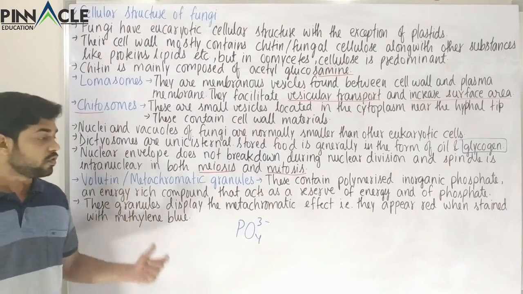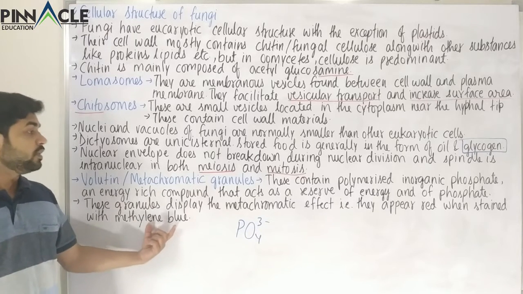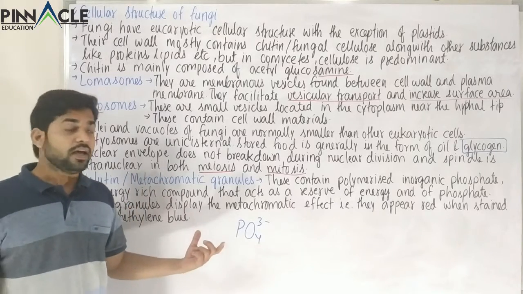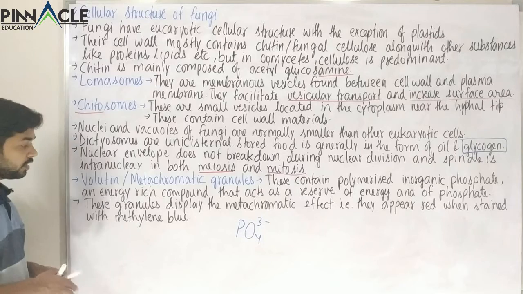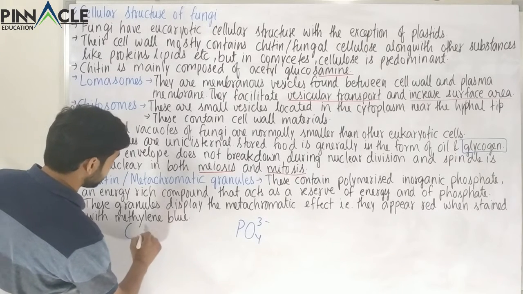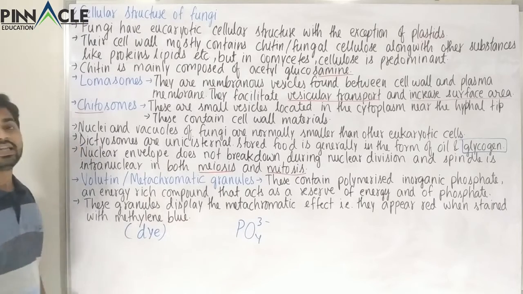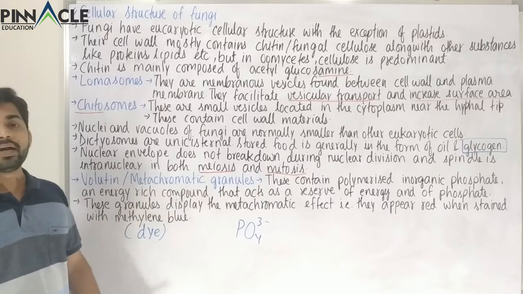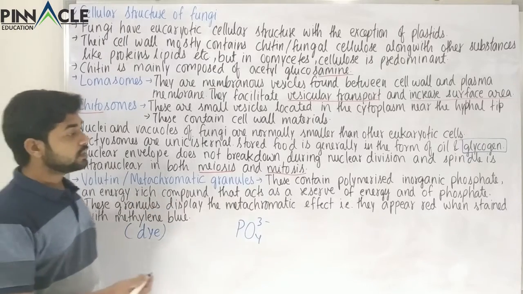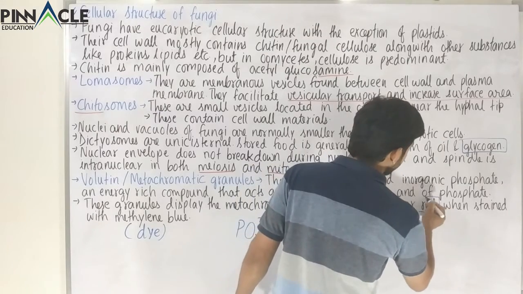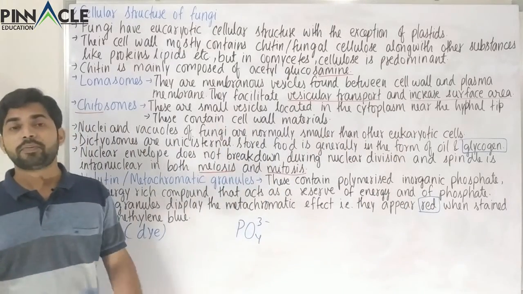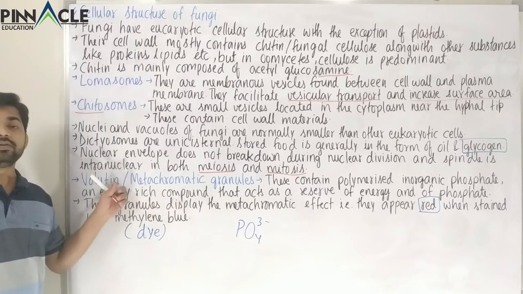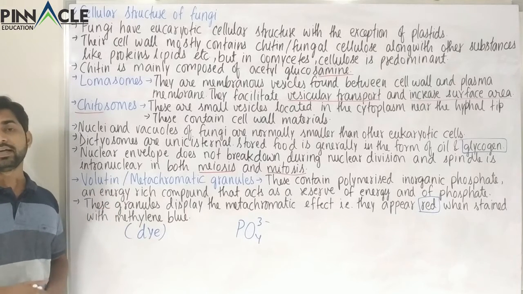For example, in the presence of methylene blue, which is a dye, a coloring agent, these volutine granules appear red. Because of this ability to pick up the color, these volutine granules are also called metachromatic granules.